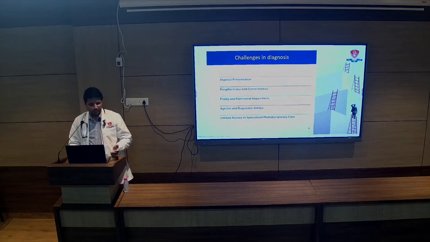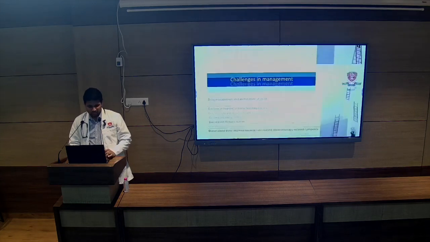That can be easily attributed to underlying multiple medications, comorbidities, frailty status and impaired functionality, and can obscure the underlying diagnosis like lymphoma or malignancy. They also face ageism and have very limited access to specialized care that can delay the diagnosis.